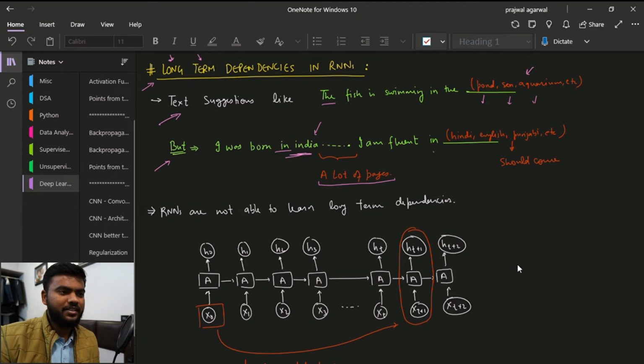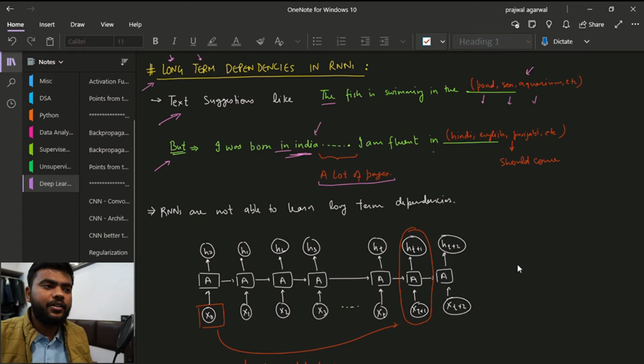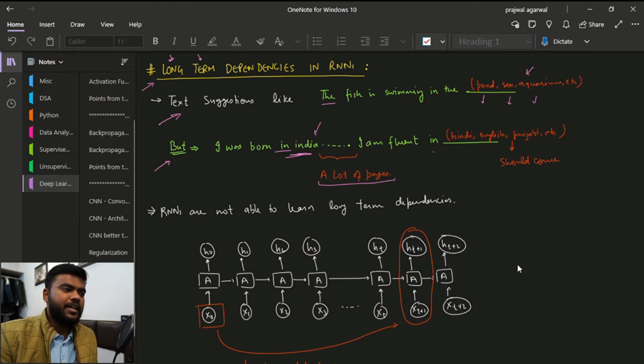But since machines are expected to do the things that humans cannot, suppose we have written a sentence in the first page, and after 2-3 pages we are expecting it to remember the context of our information, that where I was born, and given the location where I was born, the system should know the languages that I should be speaking. So these are the long-term dependencies, and RNNs are not able to handle them well.